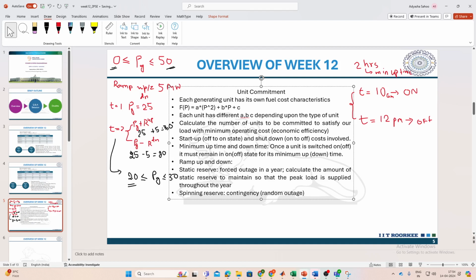So for this contingency, we calculate the possible contingencies that may happen. We calculate the reserve required to handle the system load under different contingency scenarios.